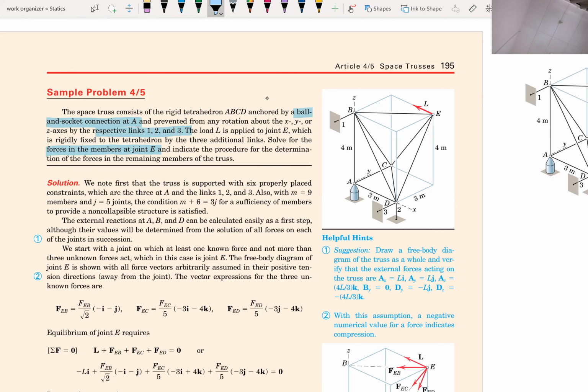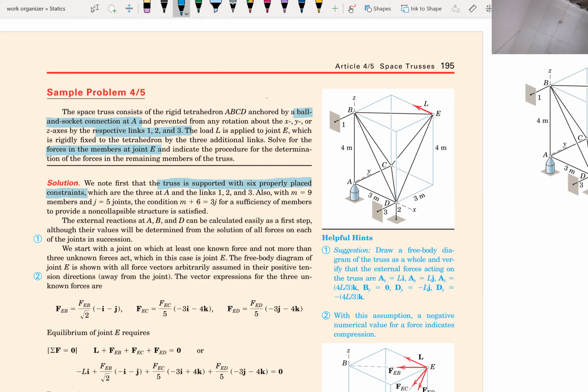Note that the truss is supported with 6 properly placed constraints.